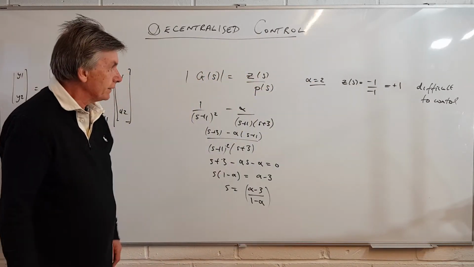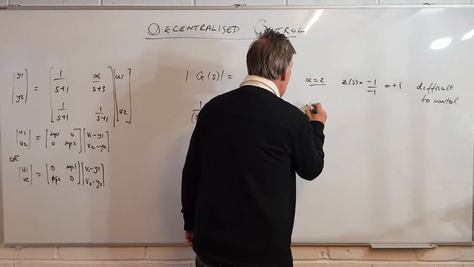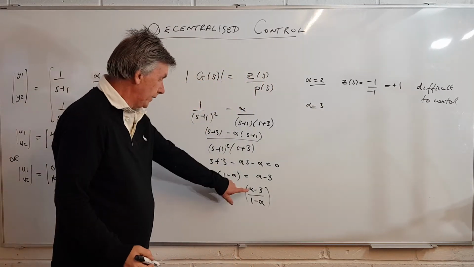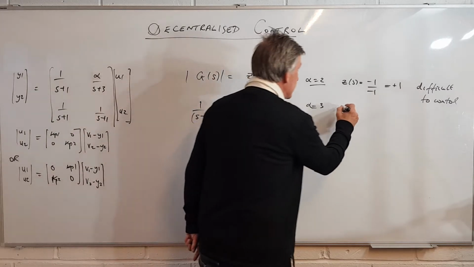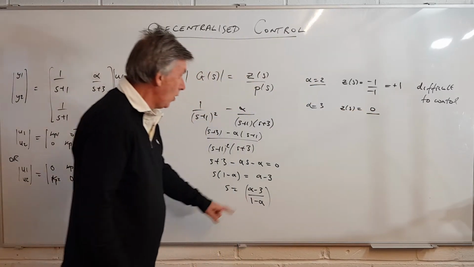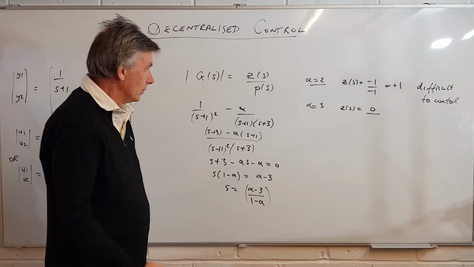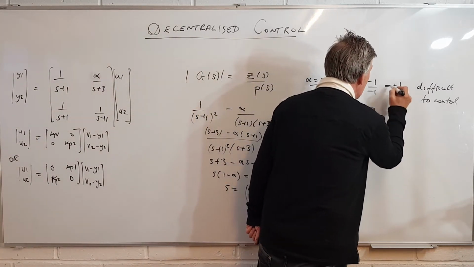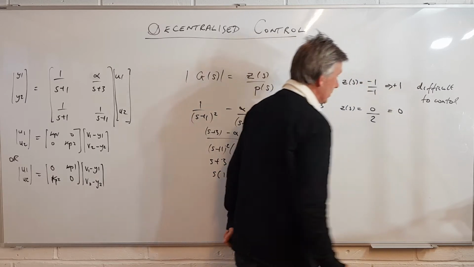Let's say that we had alpha equal to 3. So in this case, the zero will be 3 minus 3, so Z(s) will be 0 over 3 minus 1, which is 2, which means the zero is at the origin.